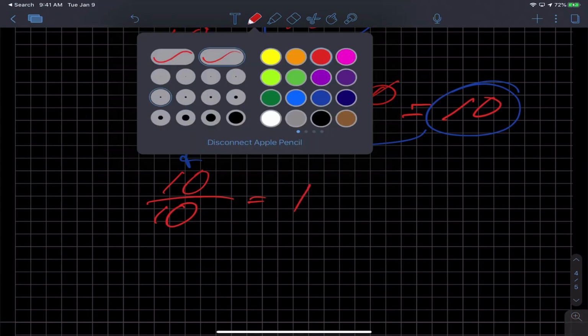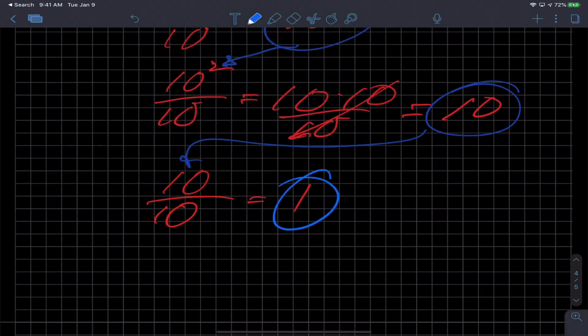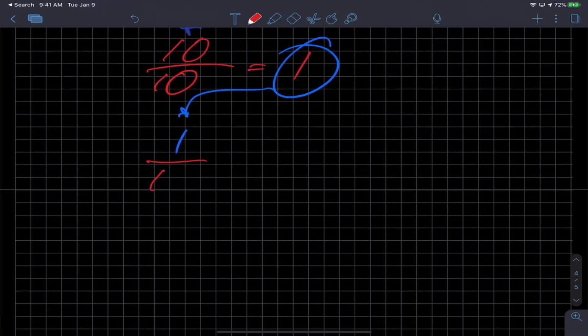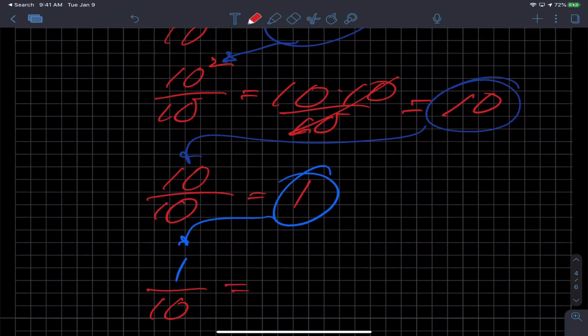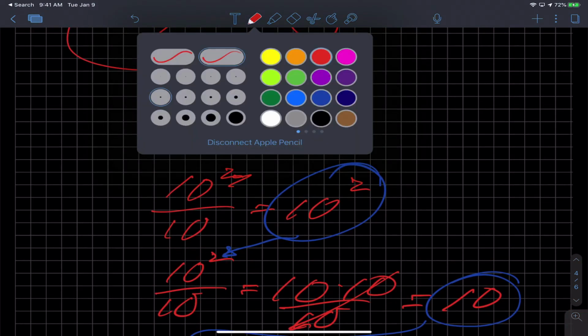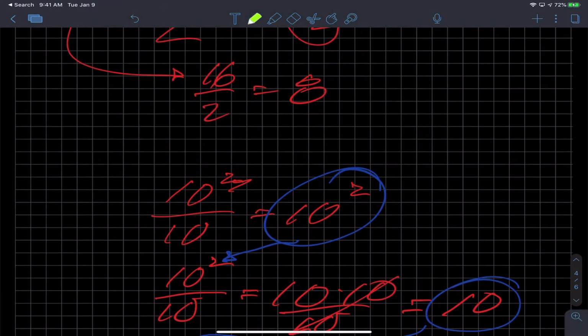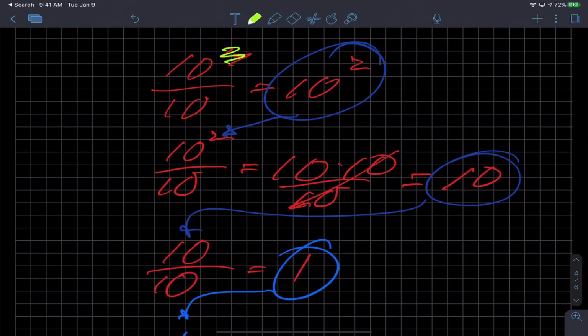What if I take that number and put it over here, but once again, divide it by 10 one more time? Well, what's that going to be? So let's look at the exponents as we go along here. I had 10 cubed, and when I divided by 10, it became 10 squared.